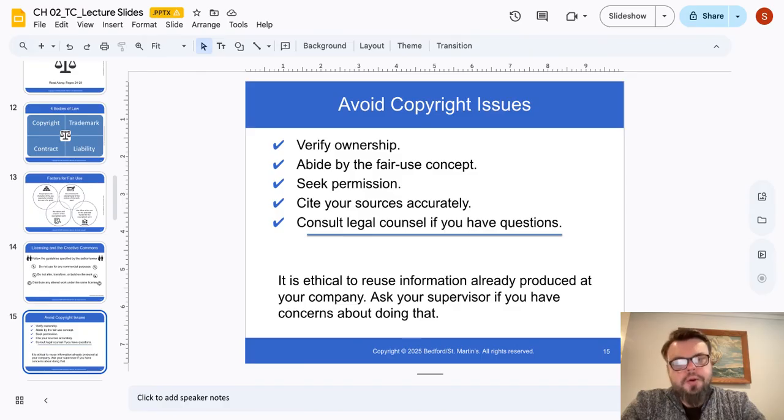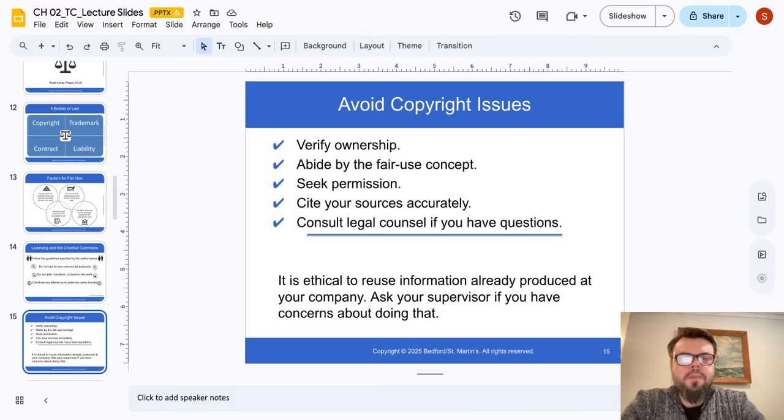Fourth, cite sources accurately. Citation is ethically necessary, and it also strengthens credibility by showing the reader you're grounded in real research. And finally, consult legal counsel when appropriate, because copyright law is complex and companies often have higher legal standards than whatever a random website claims is allowed.